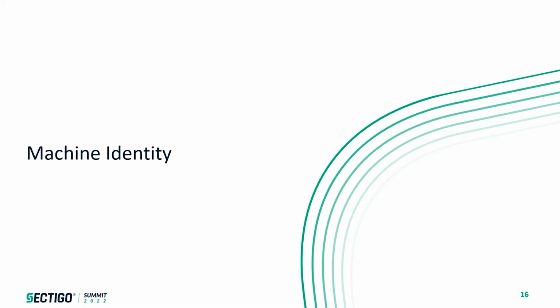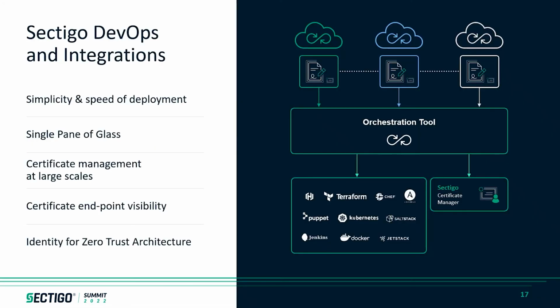So zero trust is about human and non-human identities. So let's spend just a few minutes talking about how Sectigo helps you address your machine identity needs. I'm not going to go too in depth in this area. My colleague Raghavendra will be talking more about DevOps and integrations in this summit, so I won't cover it in depth.